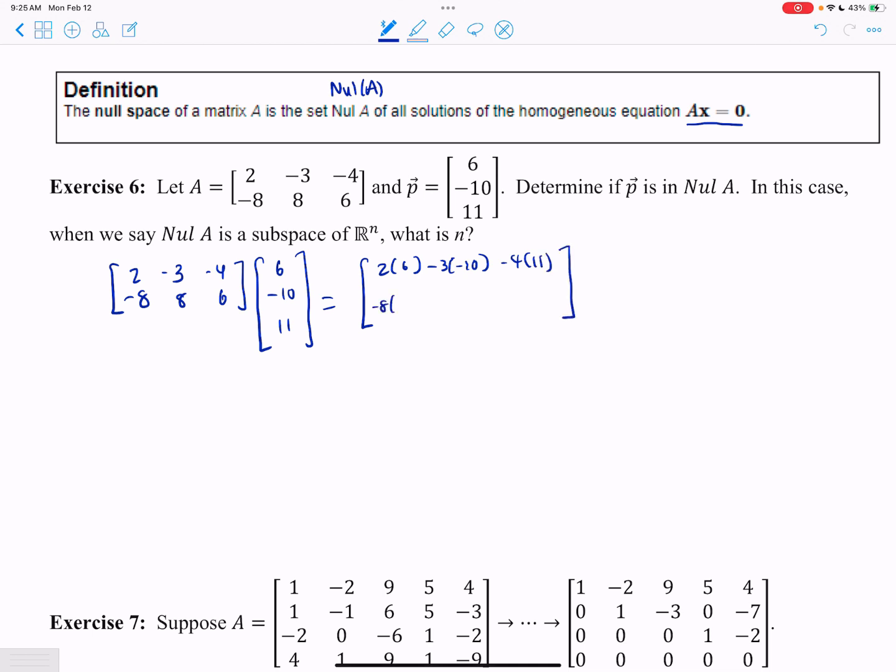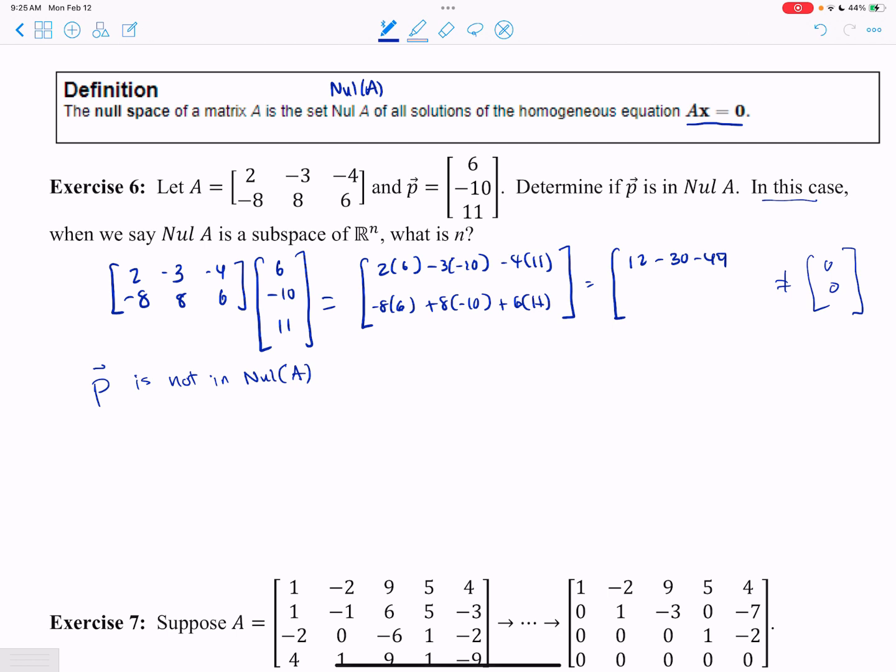And negative 8 times 6 plus 8 times negative 10 plus 6 times 11. On the top, that's 12 plus 30 minus 44. I know immediately that that is not equal to 0, so that is not equal to 0, 0. So this vector p is not in the null space.